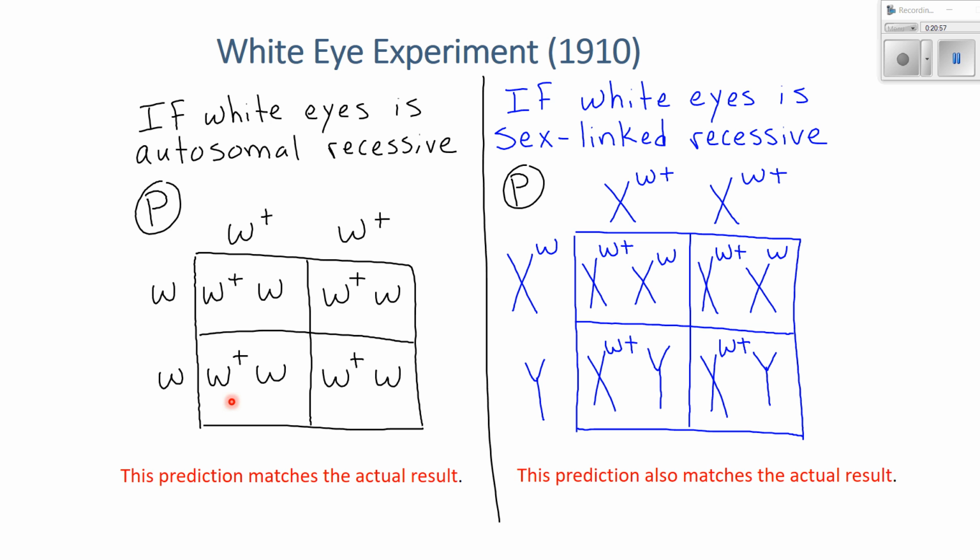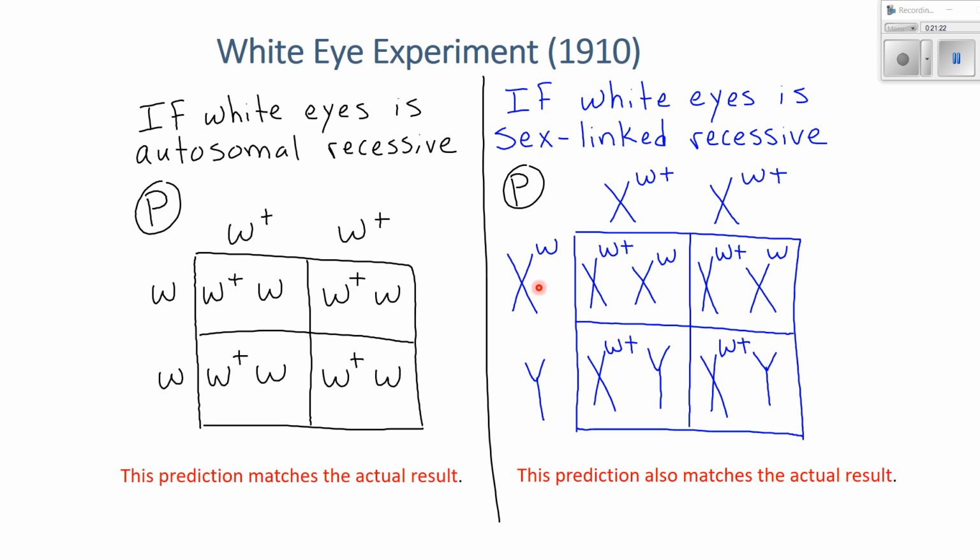But how do we know this is not a sex-linked trait? How do we know that the gene for white eyes is not carried on the X chromosome? What would that look like? Well, if it's a sex-linked trait, then that would mean that these males have w, which is the white eye allele, on their X chromosome.